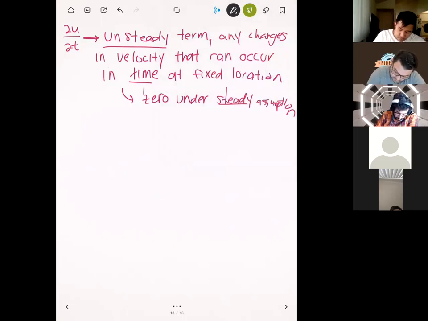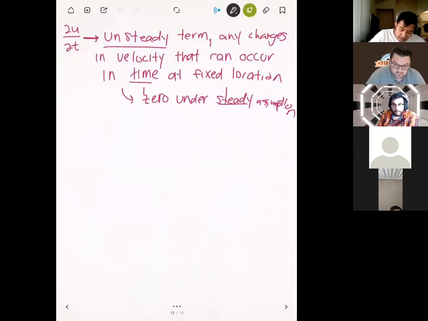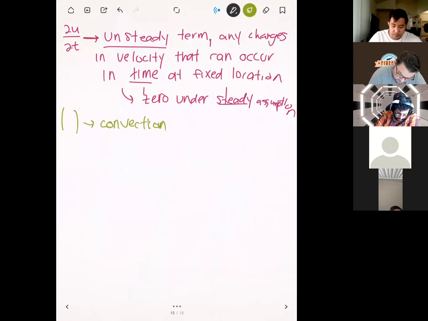Next, we have the green terms, this collection of 3 different terms right here. The green terms are known as convection terms, and sometimes you'll see them called advection terms as well.